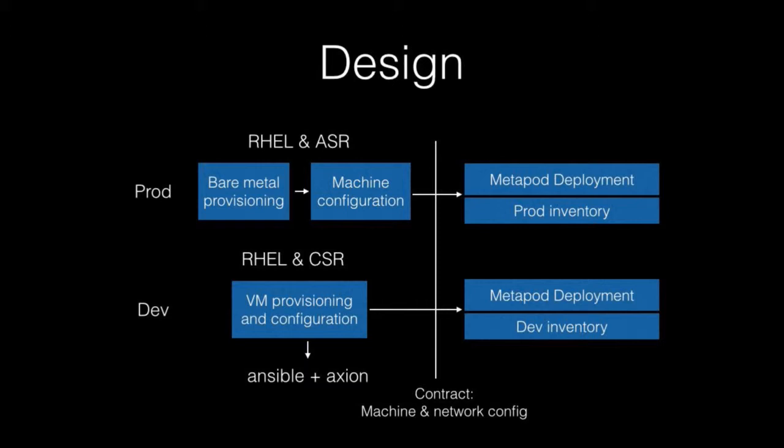In the context of a development environment, we wanted to go to a place that doesn't require us to use physical machines, obviously. So we could use the RHEL cloud images, but we had to replace the ASR by CSR, which is a virtual router whose interface is similar to the ASR.